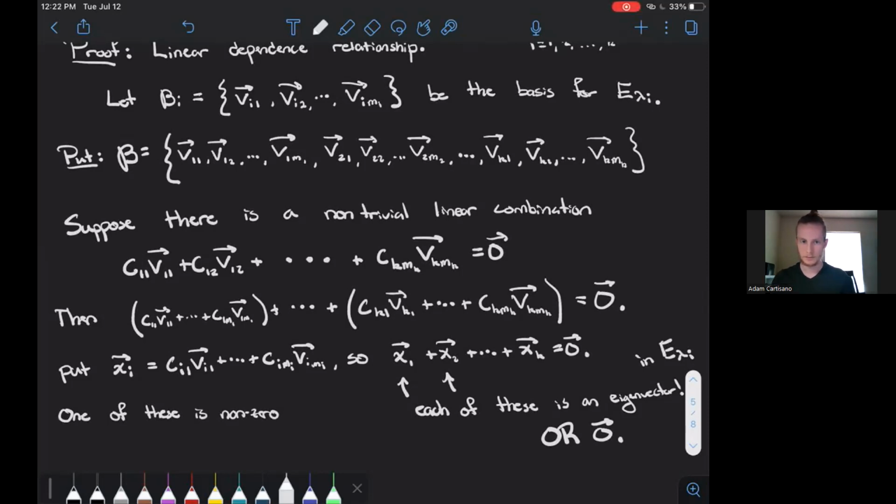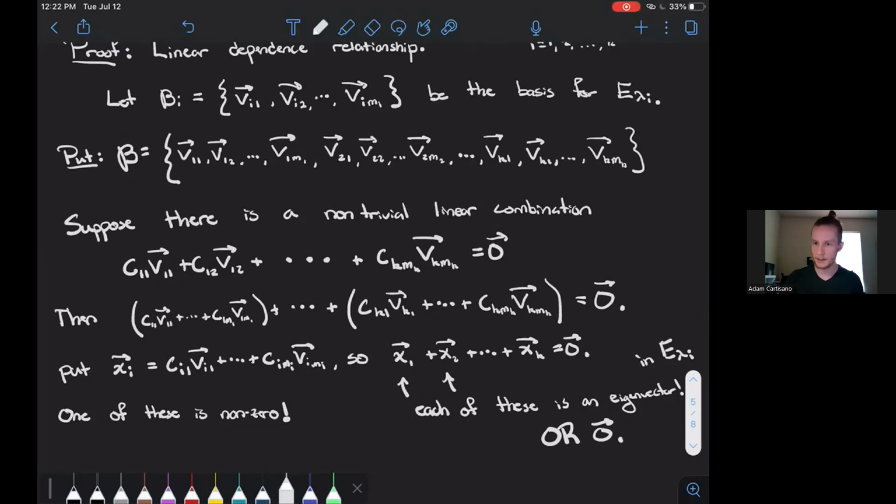But since one of the eigenvectors is non-zero, it follows that that's a contradiction.